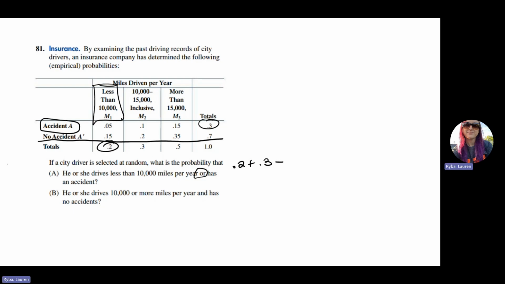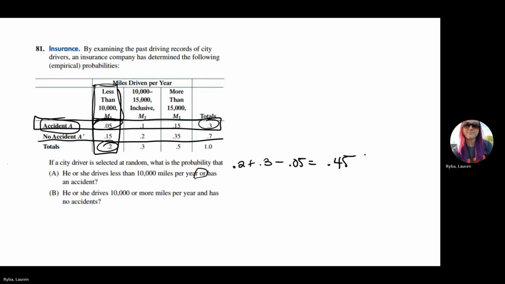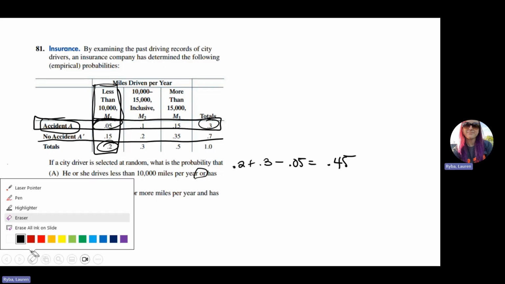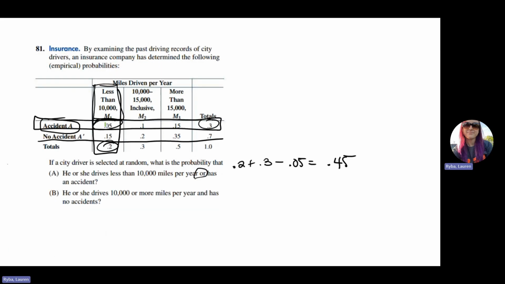I have to subtract where these two overlap, and you should see it right there. So that's 0.45. So for me, it was faster to add 0.2 and 0.3 and take away 0.05 than it was to add the four numbers together. I worked with 3 instead of 4, just preference.